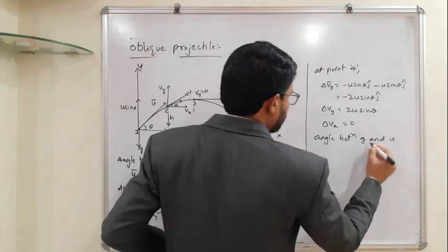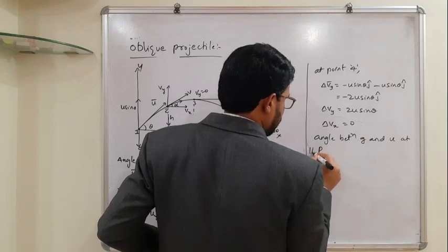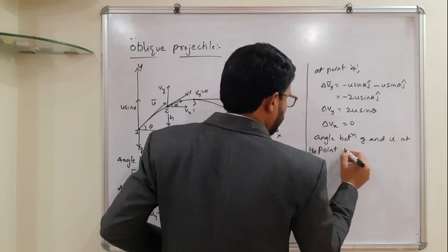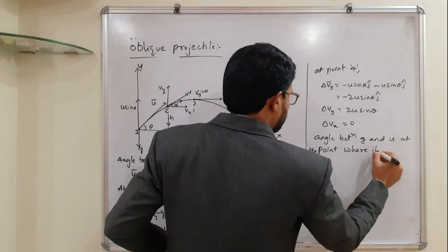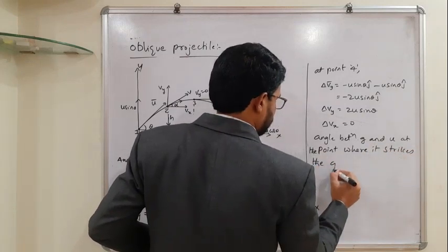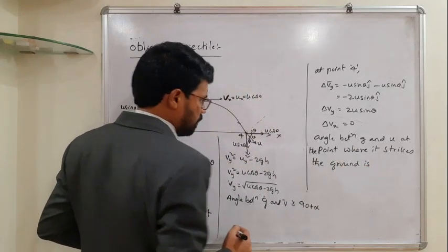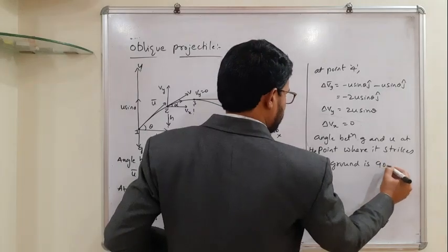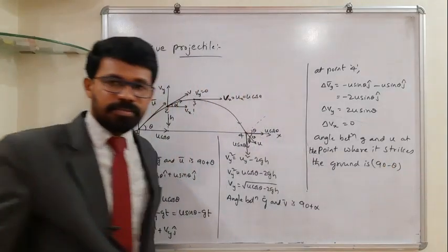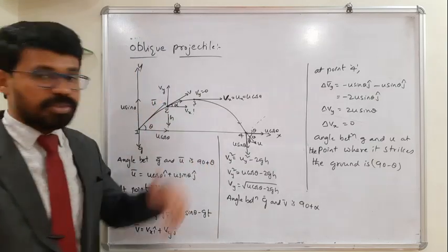So the angle between G and U at the point where it strikes the ground is 90 minus theta. So that's how you can explore various details connected with different points on the trajectory.